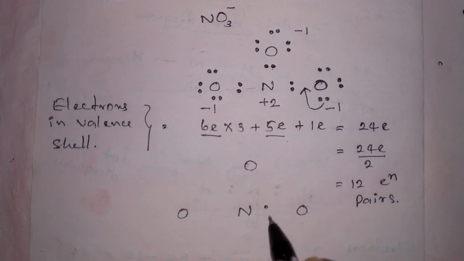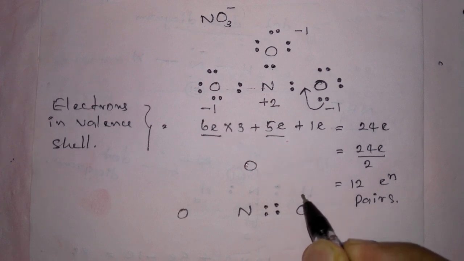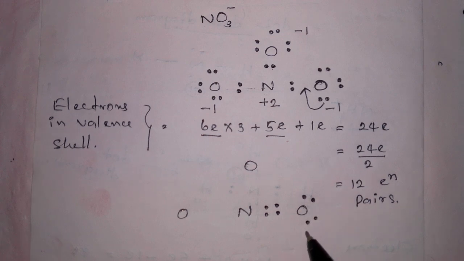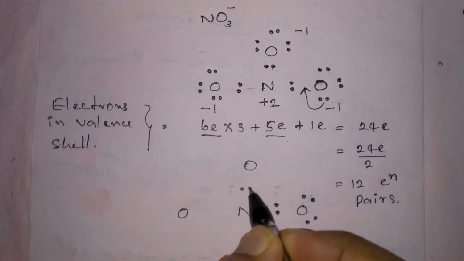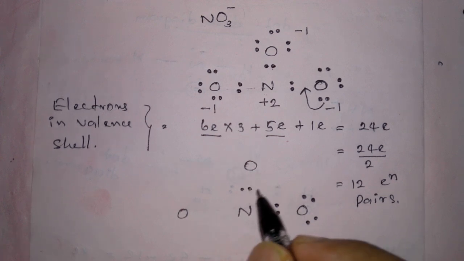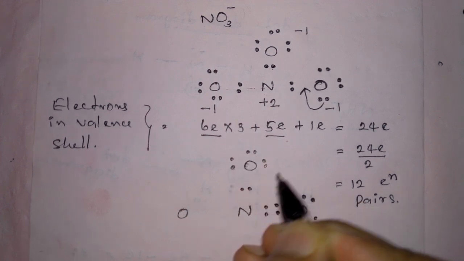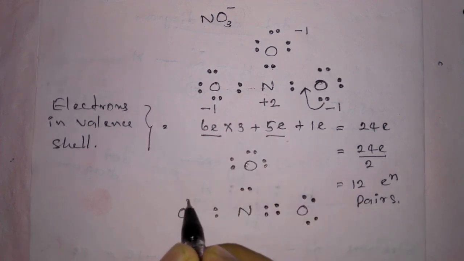Then there are 2 pairs of electrons now. There are 2 pairs of lone electron in this oxygen, and at this point there is single bond. This one as well.